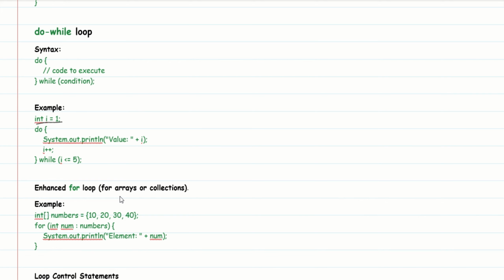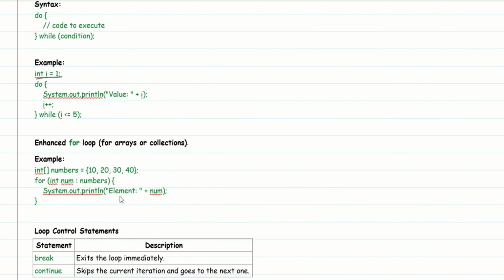Then we have the enhanced for loop. It's for arrays or collections or a list of objects. So here I have an example of an array which has 4 numbers. Then the syntax is for, and add the data type, the iteration data type.